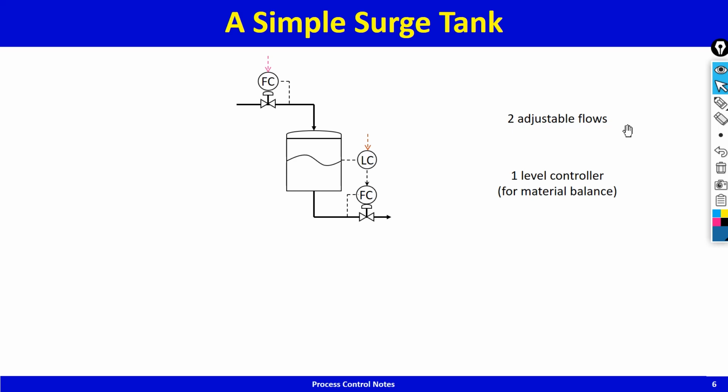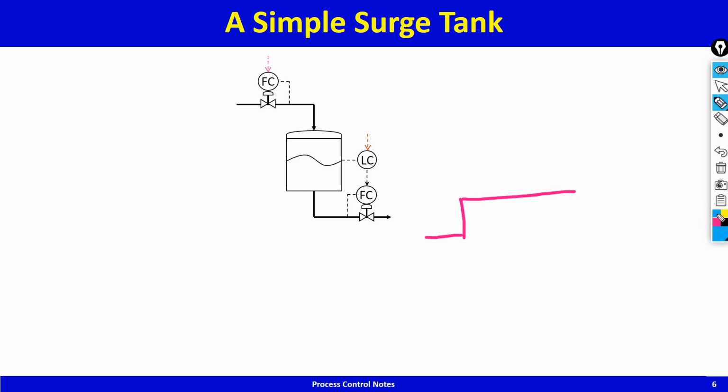There's one level controller, and I wanted you to understand one thing, which is that, let us consider a change in flow set point and a change in the level set point. These 2 degrees of freedom as shown in this control system are flow in and tank level. So if flow in is changed, what will happen to the level?